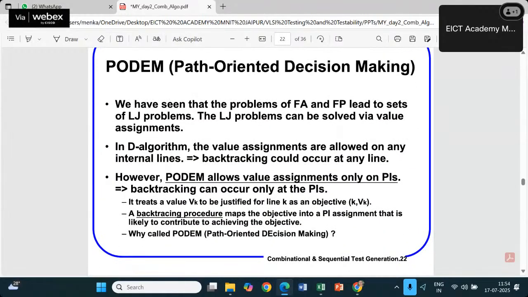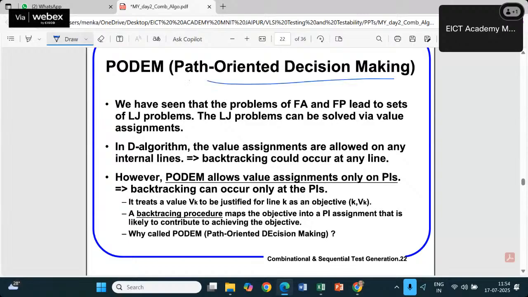PODEM algorithm: what it is, a path-oriented decision-making algorithm. The path really matters, how the circuit is structured really matters. Then we have to take the decision through which path I want to propagate my fault. So this is written about the PODEM algorithm. Let us understand what is written over here. Basically, fault activation and fault propagation lead to a set of line justification problems.